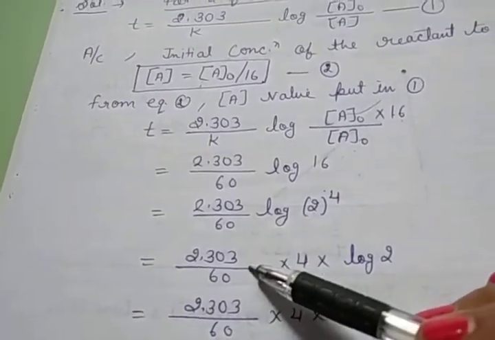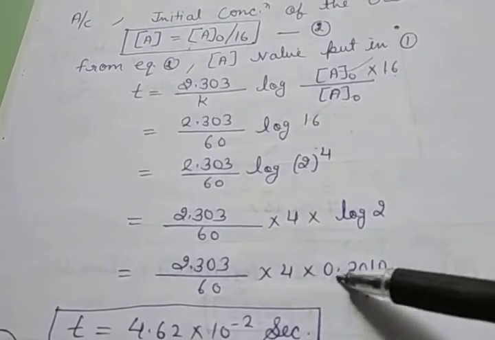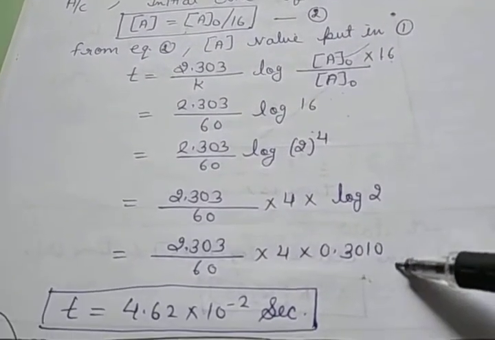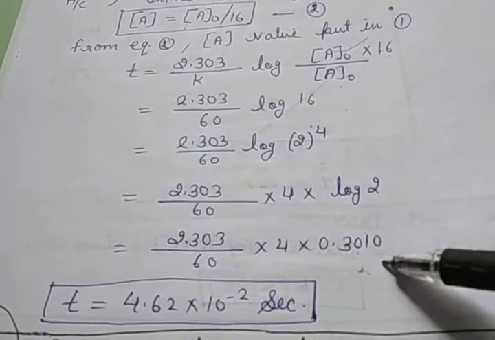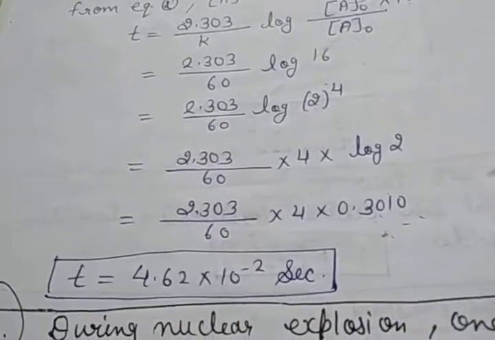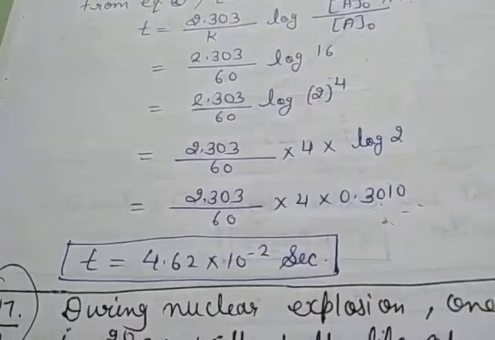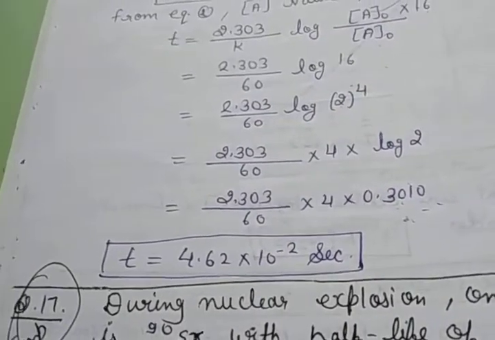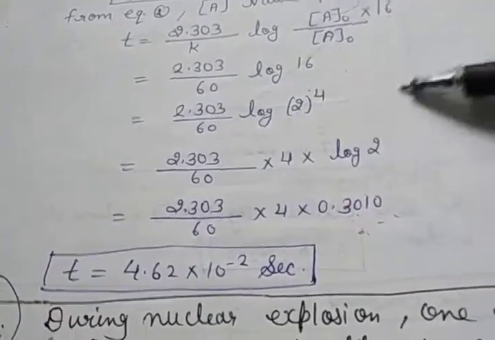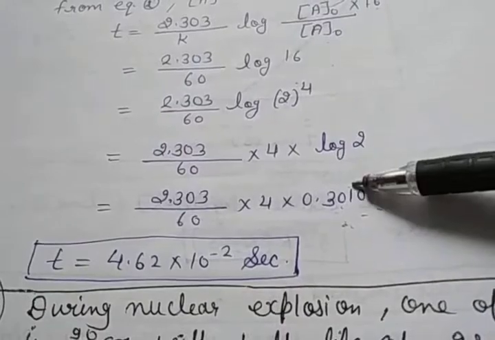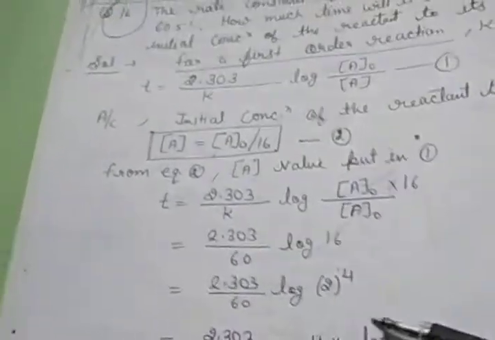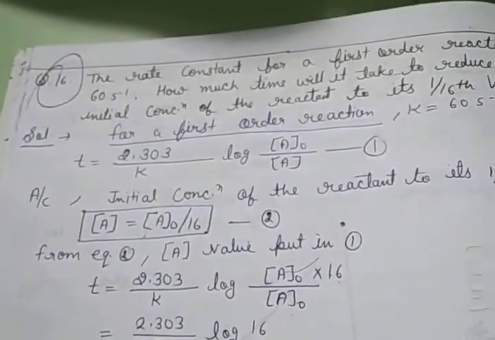So 2.303 divided by 60, into 4 into the log 2 value, 0.3010. You should learn the log 2 value, 0.3010. So t is equal to, calculate. This type of simple log question comes in exams, like here the log 2 value 0.3010 is given.